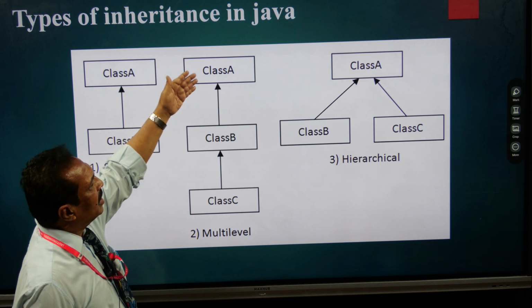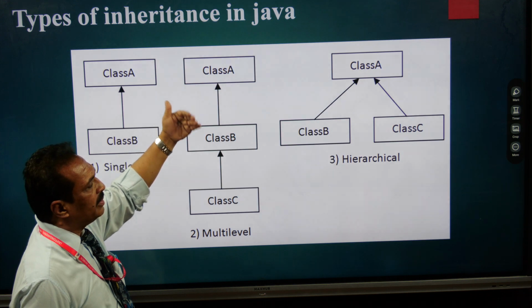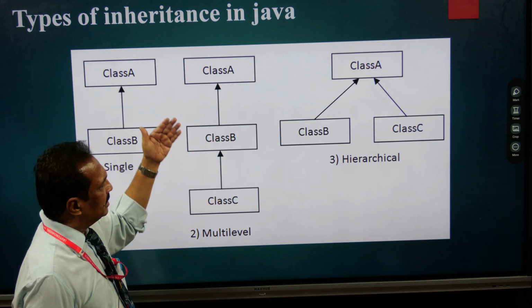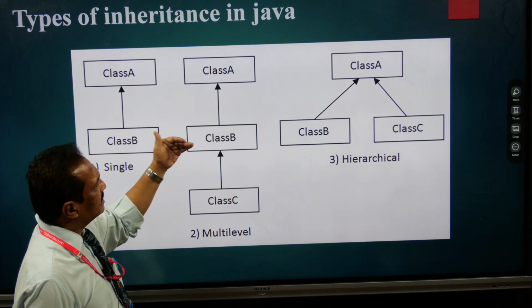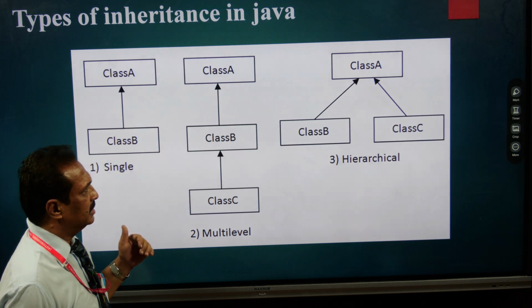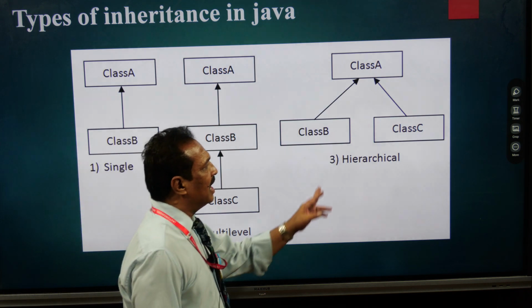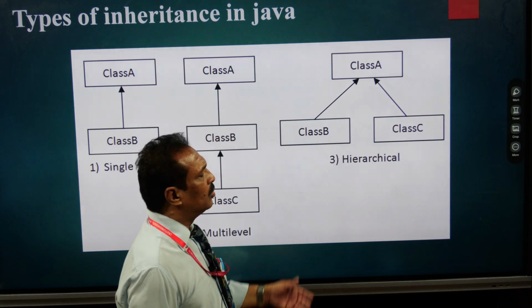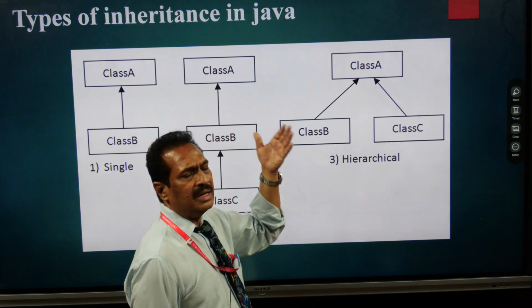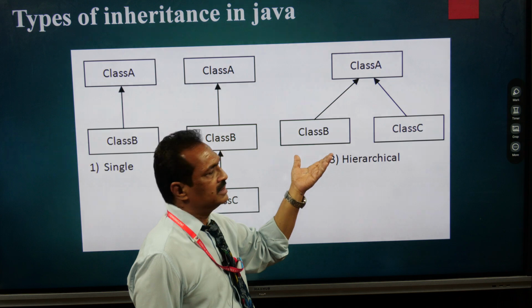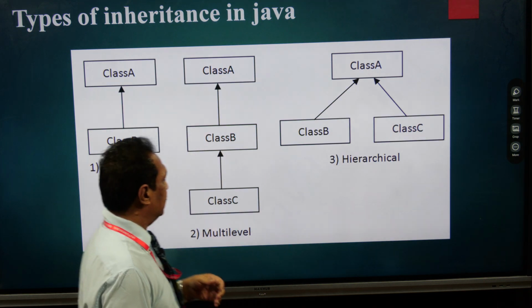Whatever the properties are there in class A will be inherited to class B, and again to class C. So all the properties of class A and class B will be inherited to class C. And in hierarchical inheritance, more than one class will be derived from a single parent class or base class. We call it hierarchical inheritance.